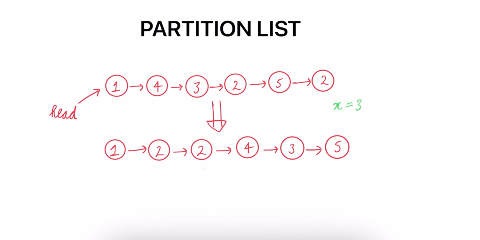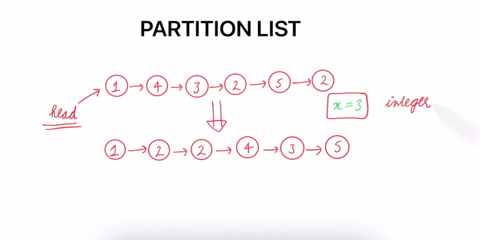This is a LeetCode medium, and in this question we are given the head of a singly linked list. So the head is here, as you can see, and we have to partition this linked list such that all the nodes less than x. Here x is also given along with our singly linked list, and x is an integer.